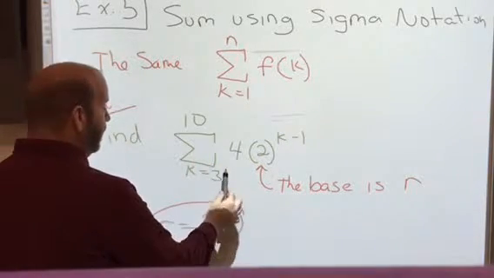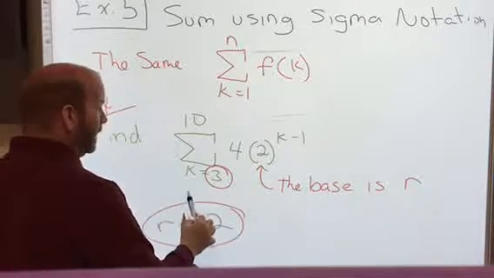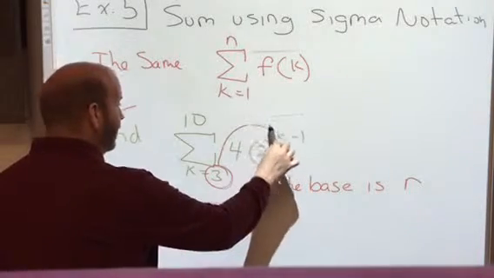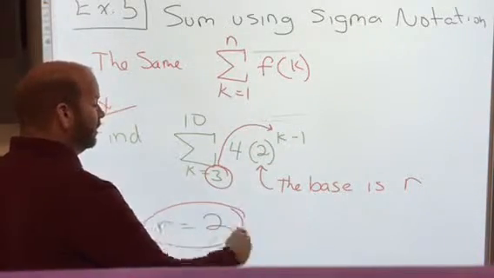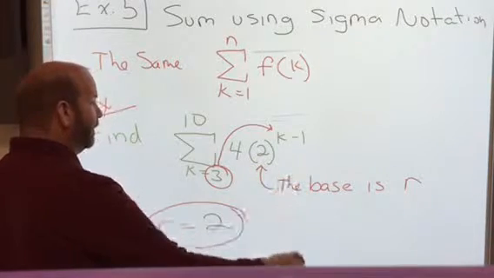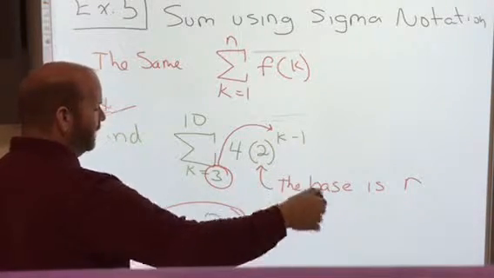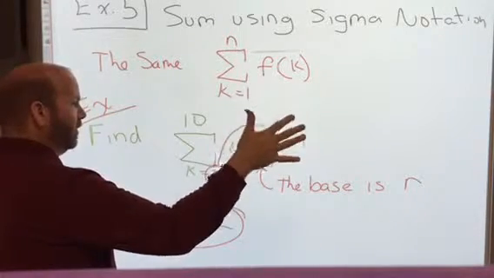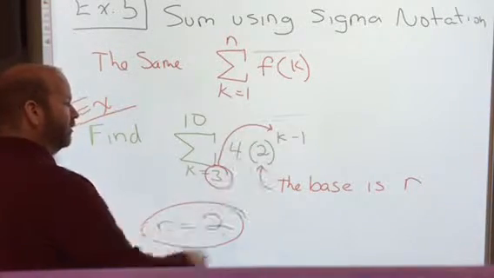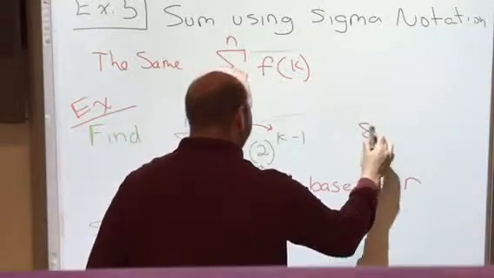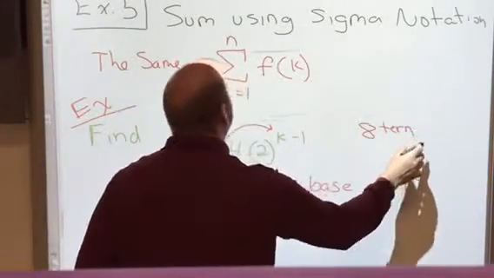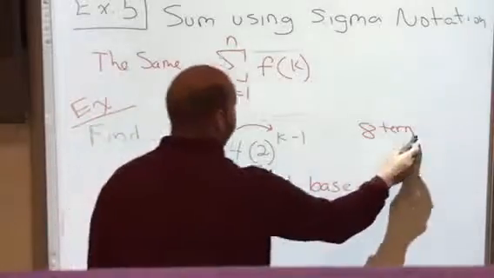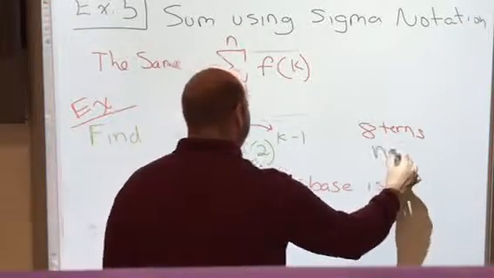So you're plugging in 3 for k, then 4, 5, 6, 7, 8, 9, 10. There are 8 terms, so n equals 8.